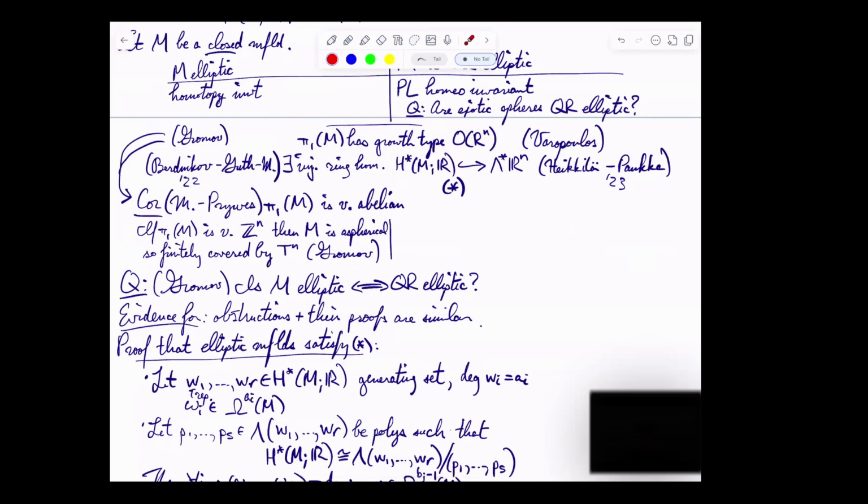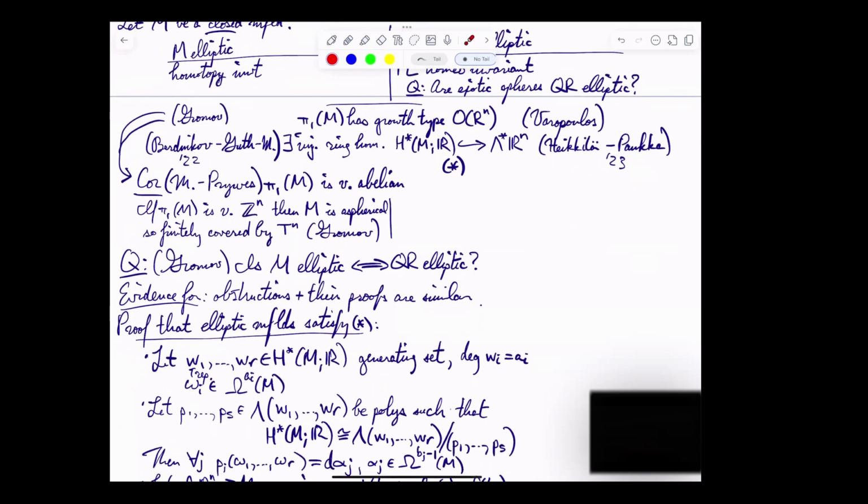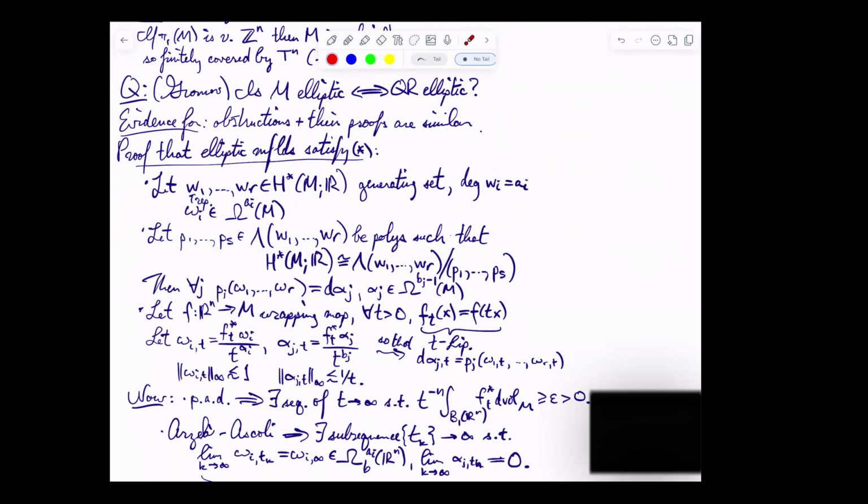But even with those restrictions, there are still examples of things that are elliptic, but not quasi-regularly elliptic. For example, you take an n-sphere and you remove some countable number of points from the equator.